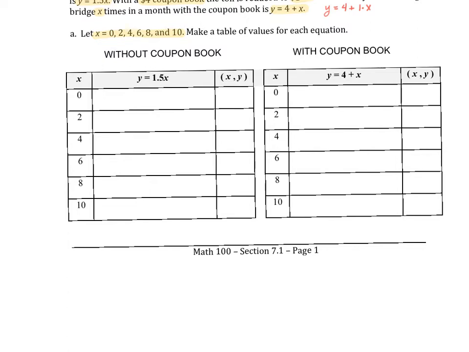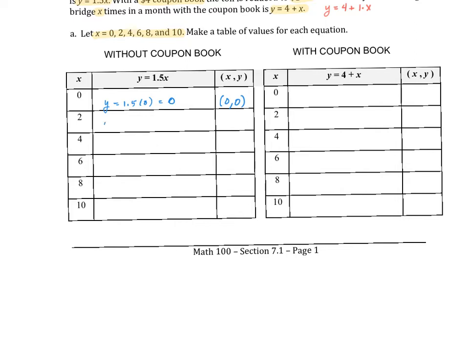So the first one would be without the coupon book. So if X is 0, my Y value is going to be equal to 1.5 times 0, which is simply 0. That gives me the ordered pair 0, 0 that I'll be graphing on the next page.